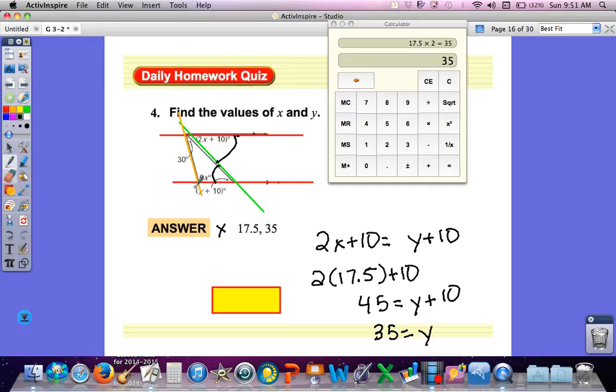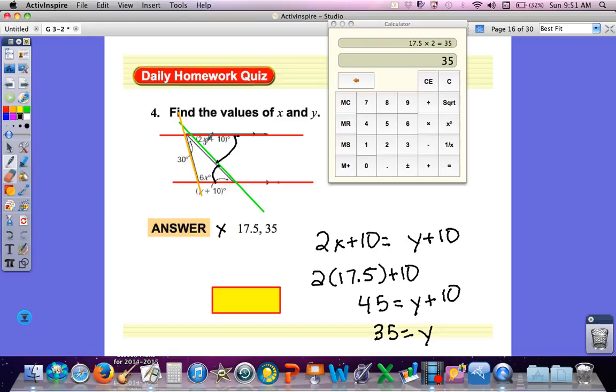So while that one was a little bit more complicated, I still was able to figure it out by trying to figure out which ones to use first. And as you saw, even in my case, it was a little bit of trial and error, because at first I saw that 2x plus 10 was going to be equal to this, but I realized that this was going to have an x and this was going to have a y, so I couldn't do that one yet. I had to solve for x and think about which postulates and theorems I wanted to use.